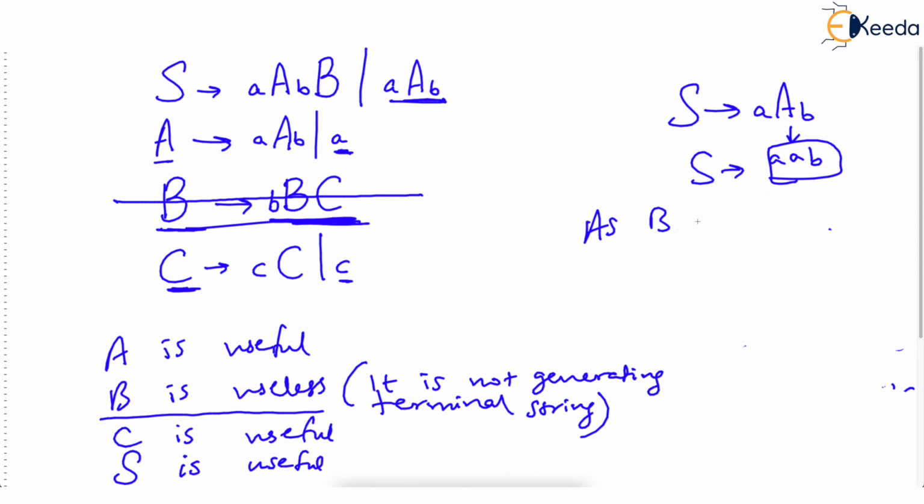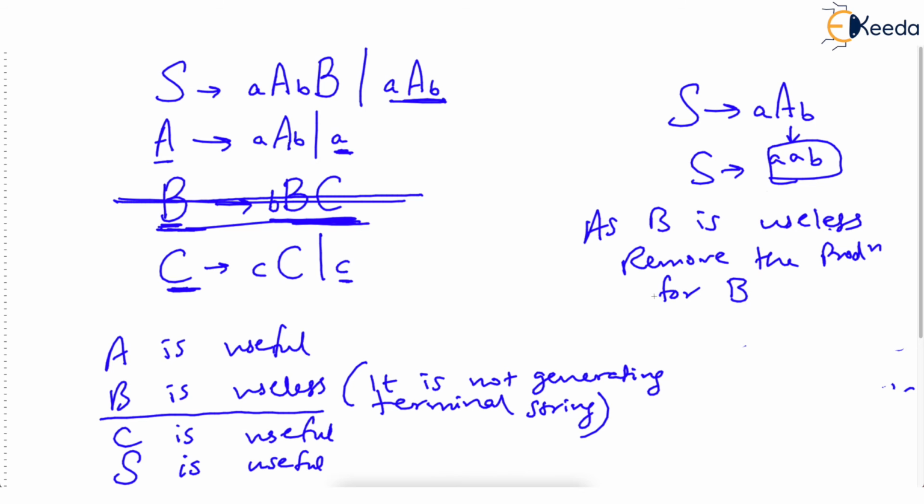As B is useless, remove the production for B, or remove the production where B is on the left hand side, completely remove it, and also remove the RHS in which B is a member.